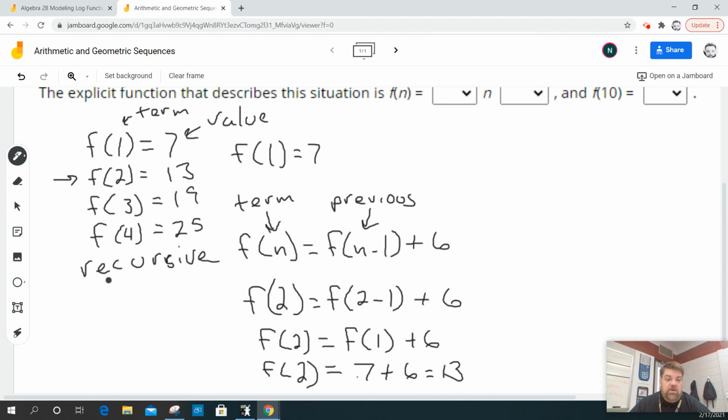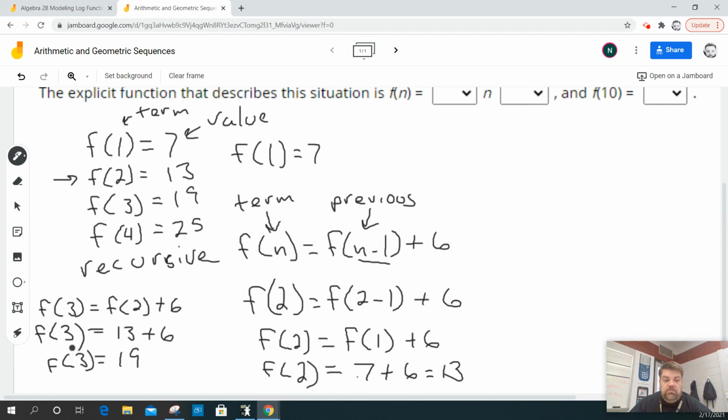Now, if I were to continue on with this, f of 3 is equal to f of n minus 1, which would be f of 2 plus 6. Well, what's f of 2? 13 plus 6, which is equal to 19. So f of 3 is 19, and then if I do that to find f of 4, I'll get 25. Okay, so that's recursive notation.